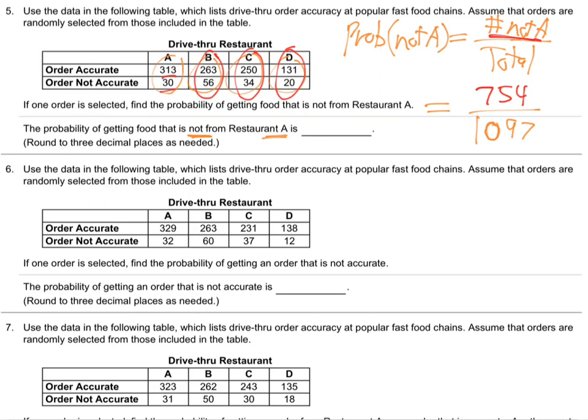I'm getting point 687 rounded to 3 decimal places. So that's the answer. That means if you grab one at random, the chance they're not from restaurant A is 0.687. In other words, that's 68.7%, isn't it?